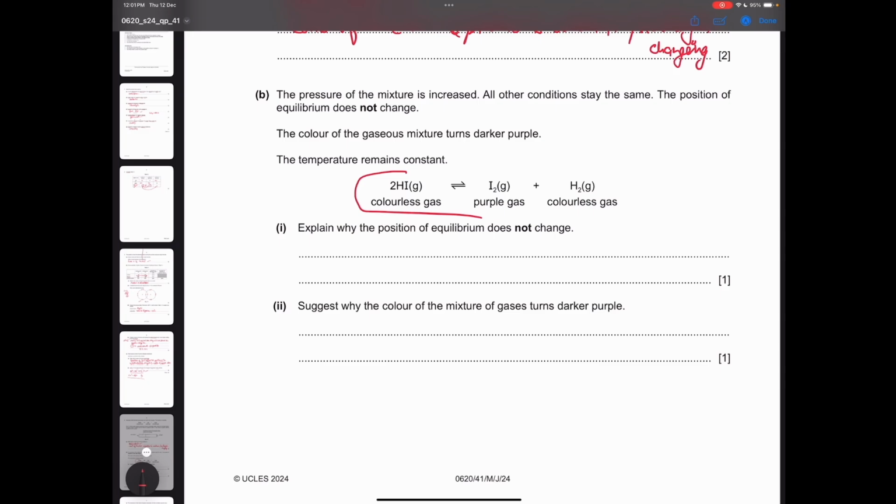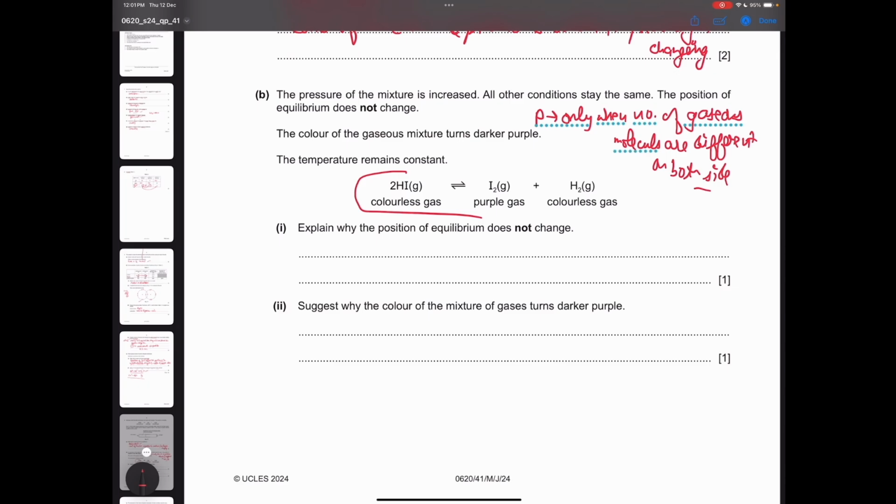See, pressure changes the position of equilibrium only when number of gaseous molecules are different on both sides, right?